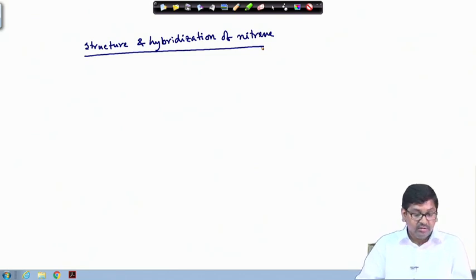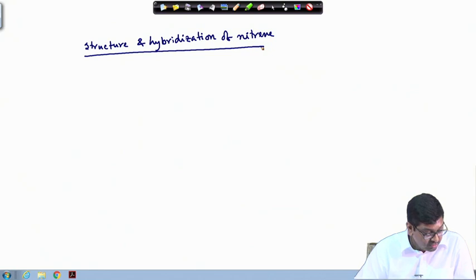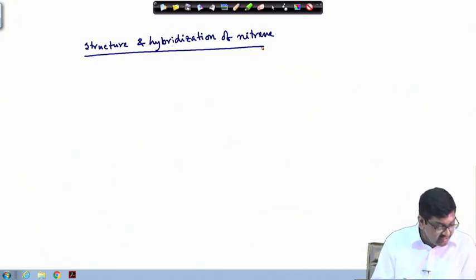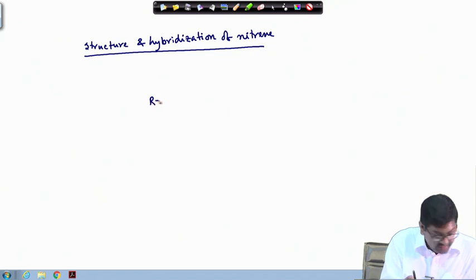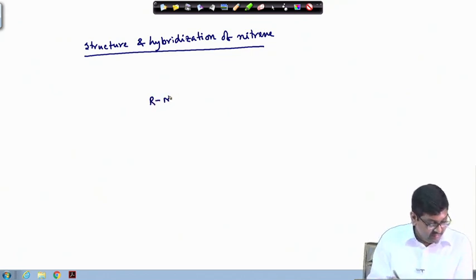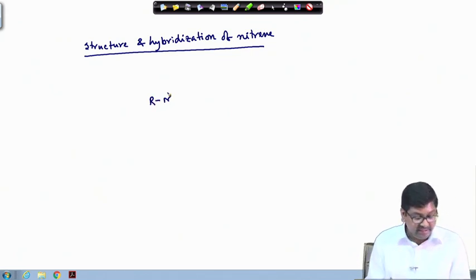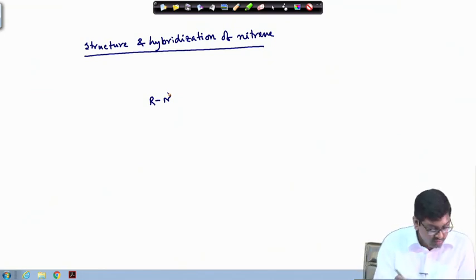Here, for this particular nitrene species, as they also have 6 electrons, in general these nitrenes are either triplet sp or singlet sp2 type.